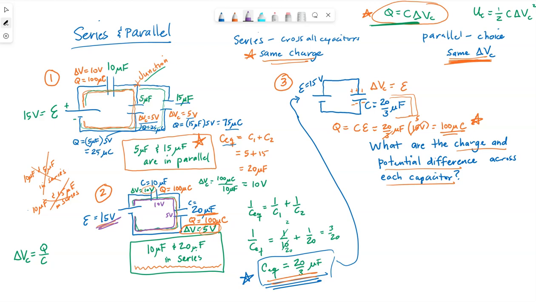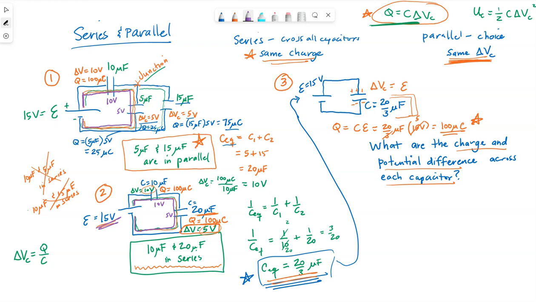If we come back to our original circuit, if I follow this path, so coming out of the battery, I pass this top capacitor. If I choose the path that goes through the 5 microfarad capacitor, it has 5 volts. That gets me back to where I started.